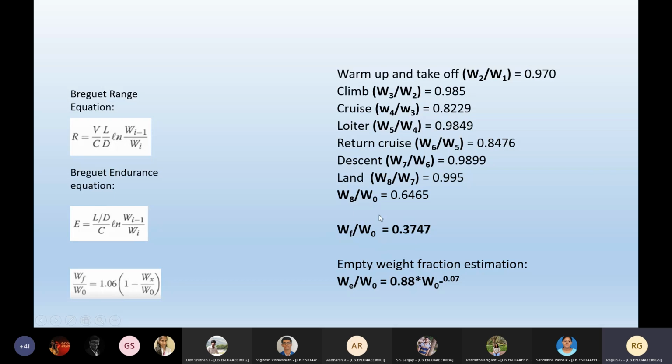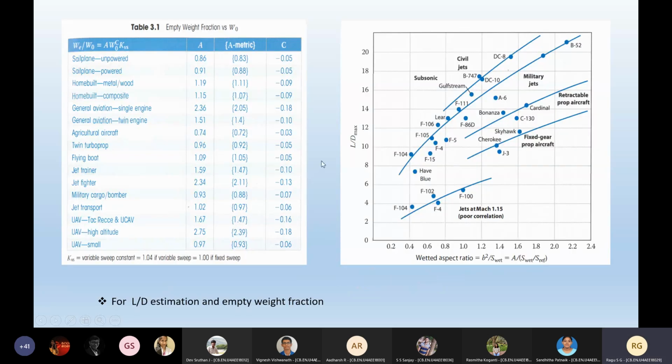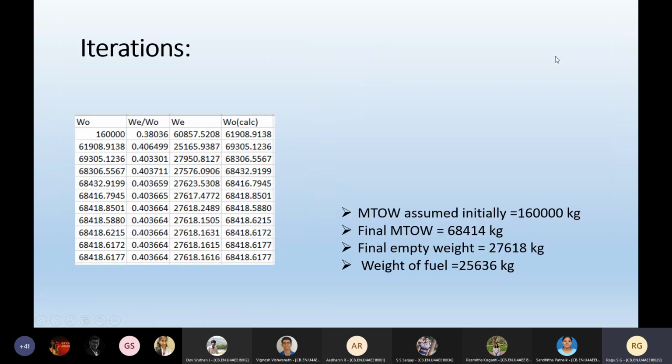And the fuel fraction we got is this. We use these 2 tables for reference of the L/D ratio and the weight fraction. We used this graph, as well as some historical data for our aircraft, to get the L/D ratio, which is 22. This is the final iteration we did.